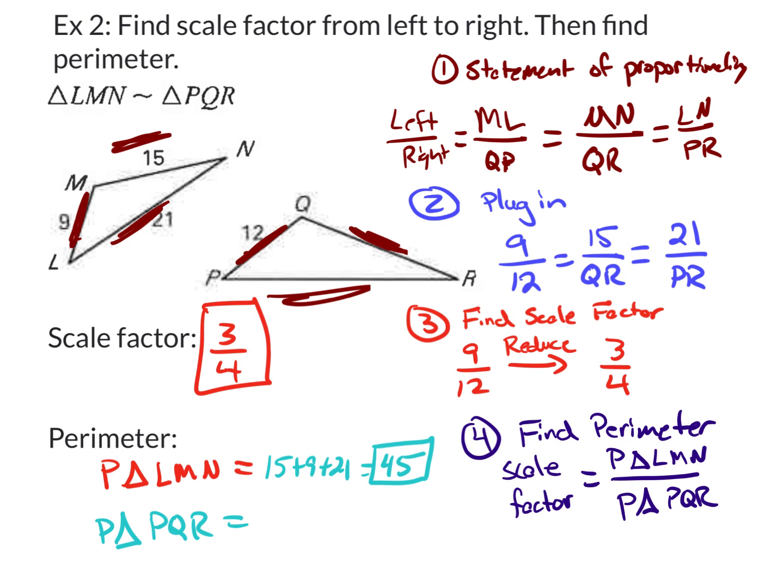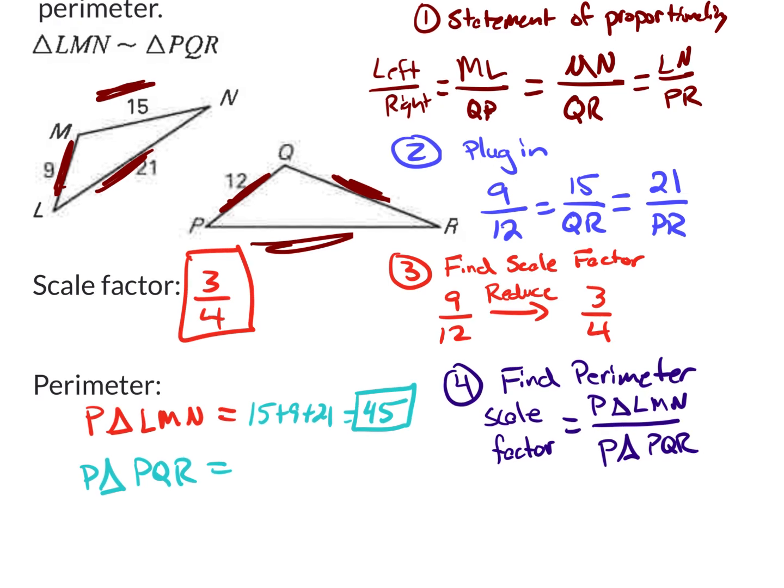Then I can cross multiply and solve it out. So let's plug in for it. Scale factor is how much? 3 over 4. Perimeter of LMN? What did we find it equaled? 45. Over x. Another one we don't know, so we'll call it x.